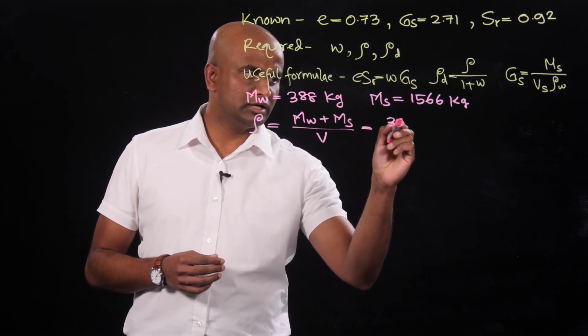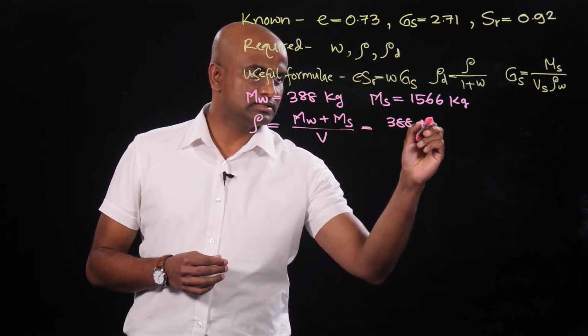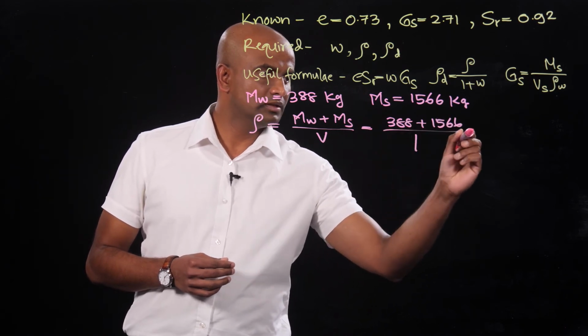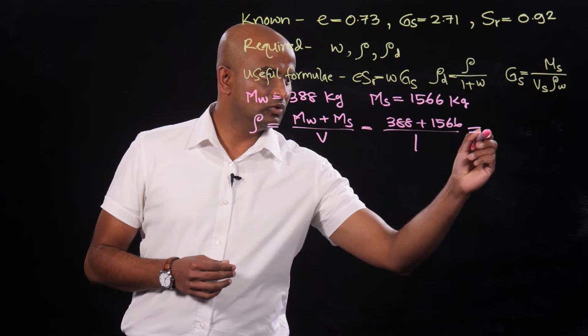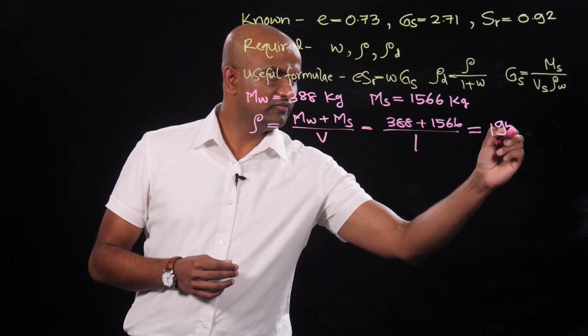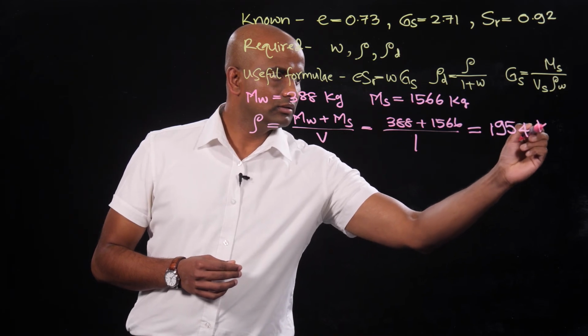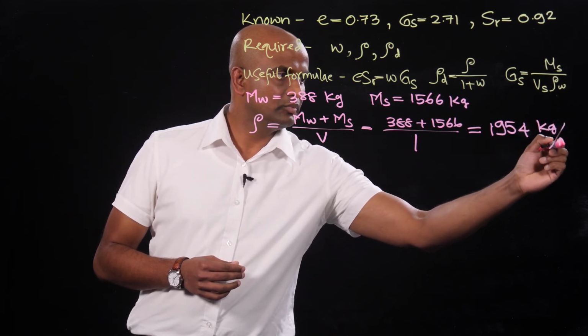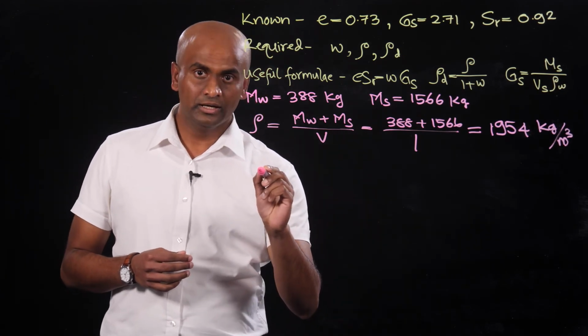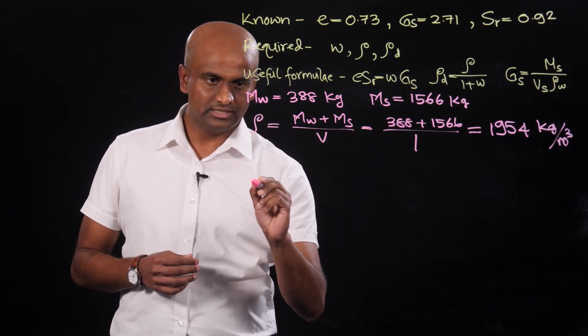So that will be 388 plus 1566 divided by 1. That will give you 1954 kilograms per cubic meter. So that will be the bulk density.